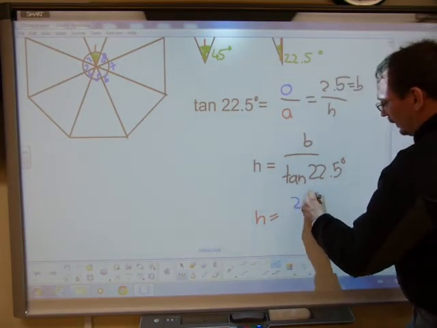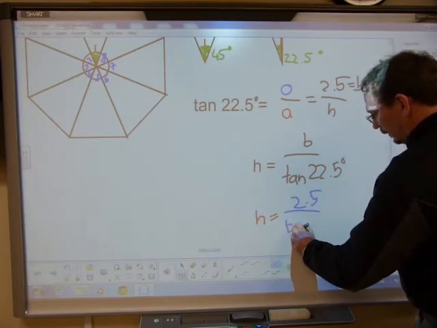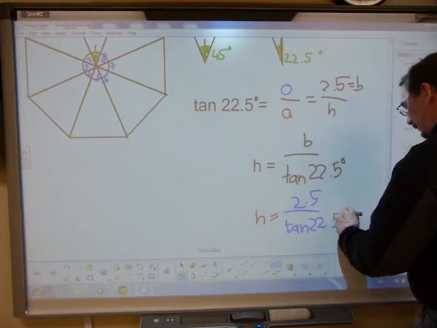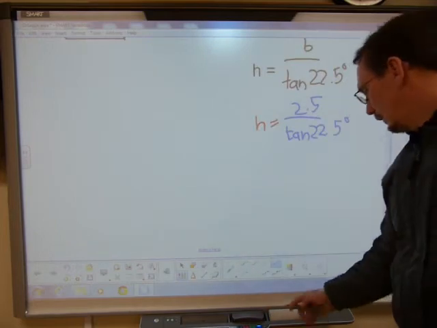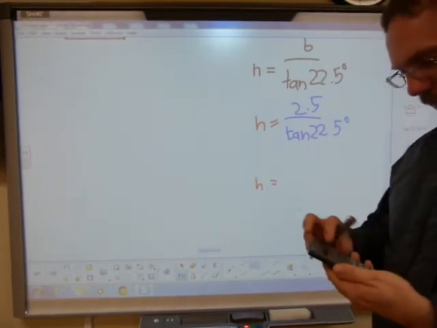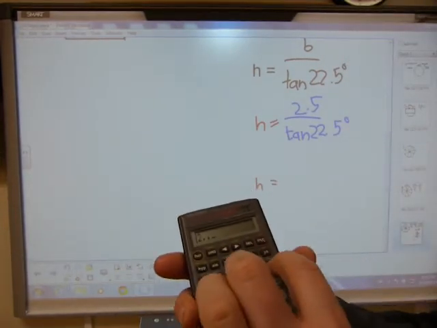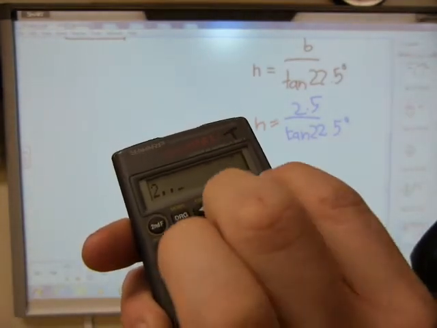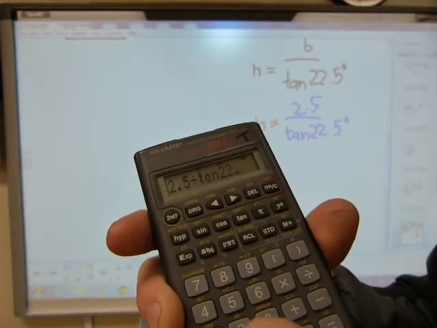Which, when you do the numbers and substitute in the 2.5 here, and you divide it by tangent 22.5 degrees. Let's just do it on a calculator. 2.5 divided by tangent 22.5.